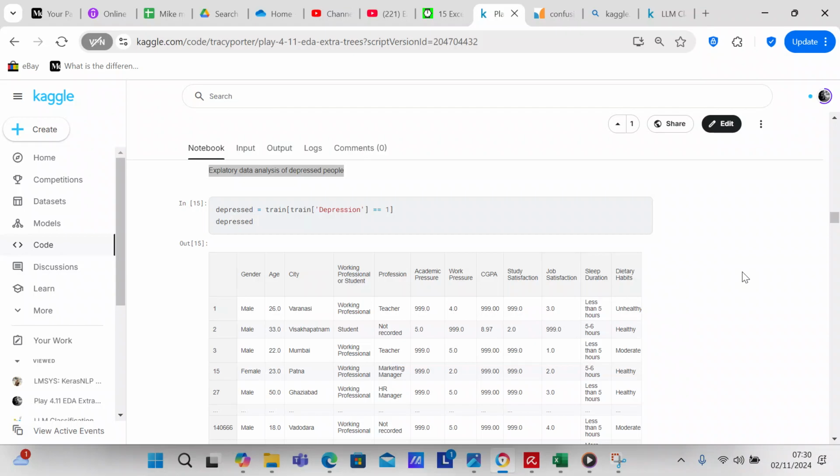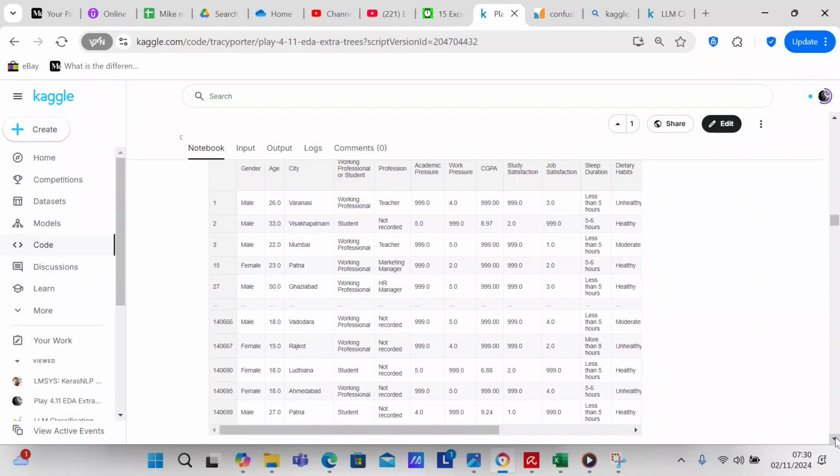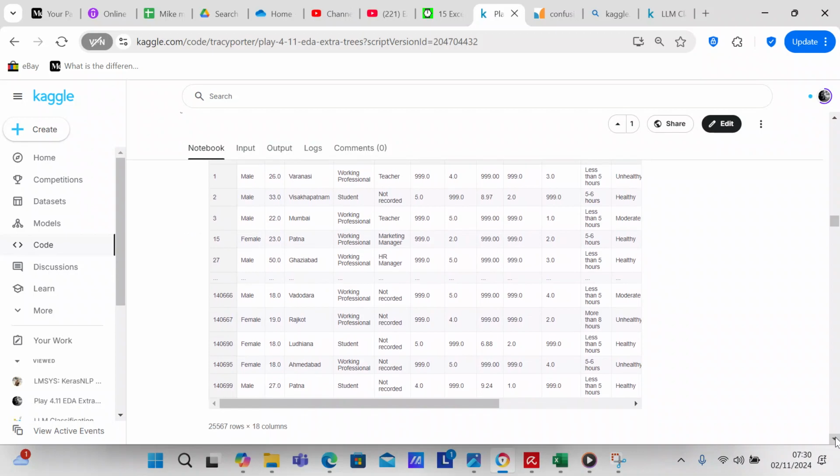We say depressed equals train, brackets, train depression equals 1. What you come up with is a data set of just people who are depressed, which is what you want, and that gives you 25,567 rows by 18 columns.